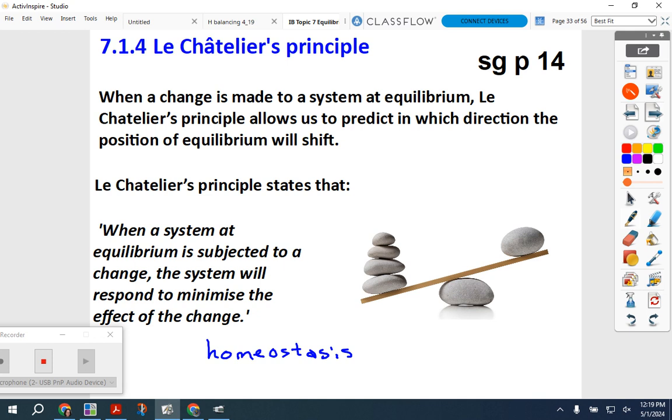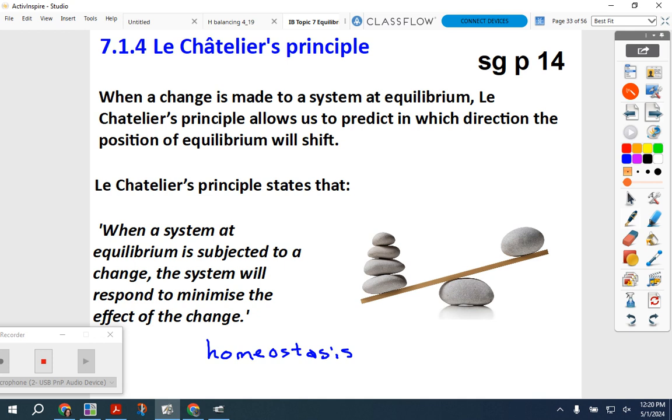So if I jump on the trampoline and I push the rubber of the trampoline down with the weight of my body, it's going to respond by pushing back up on my body and throwing me into the air. Okay, that's kind of what's going on here with Le Chatelier's principle.